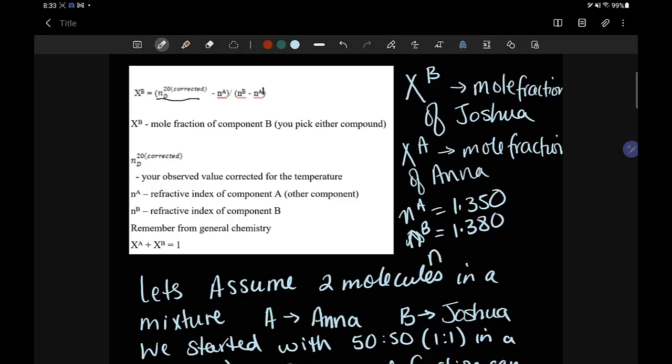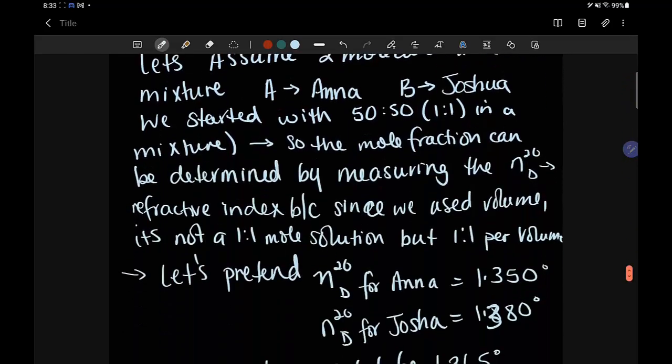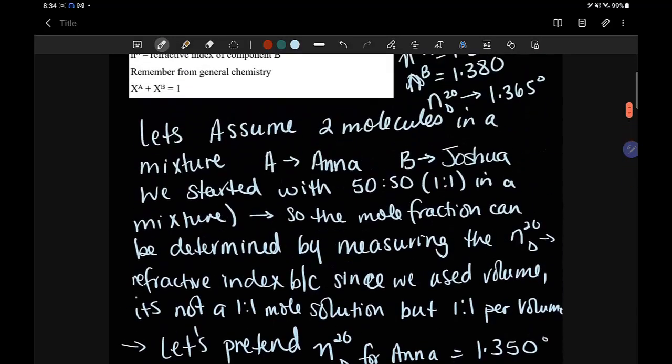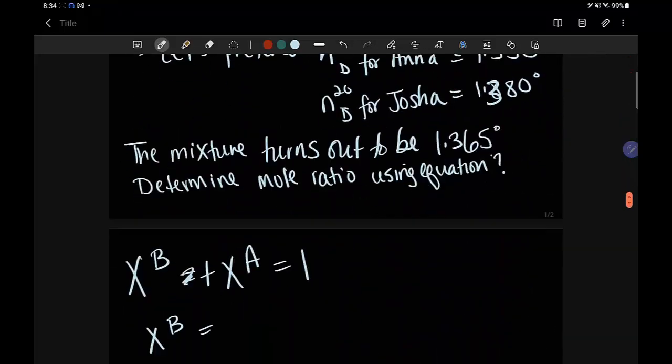And then I'm going to go back, and I said that my refractive index at 20 degrees, the standard value for A is 1.35. The standard value for B is 1.38, and what I've measured for the mixture is 1.365. So I'm just going to be plugging that into the equation, and that's what we're going to do here, the math.